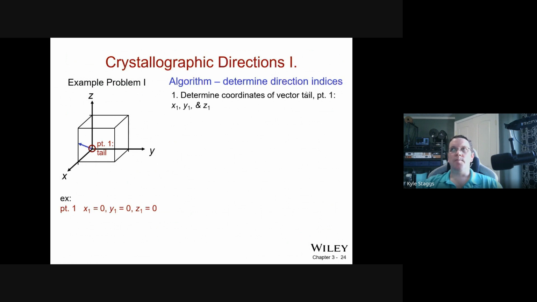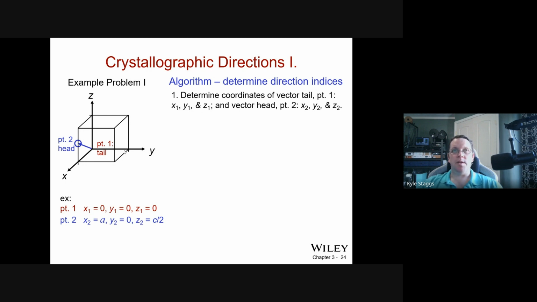So you start by looking at the vector tail. Then you look at the vector head. So the tail, in this case, is at 0, 0, 0. Doesn't have to be, just happens to be in this case. Then you determine where the head is, which is 1, so a full unit in the X, half a unit in the Z, and 0 in the Y, right?